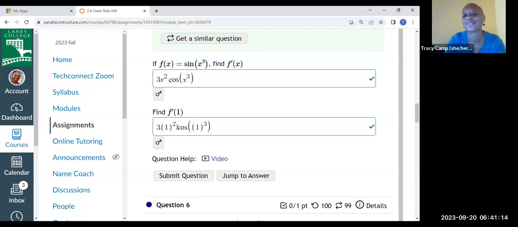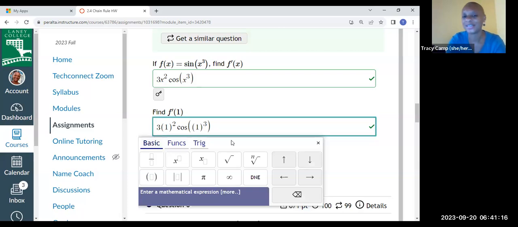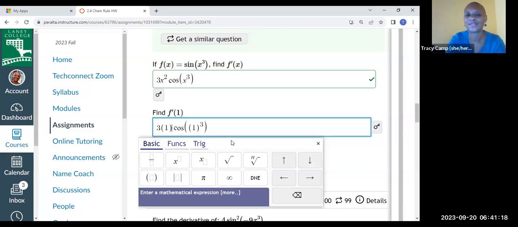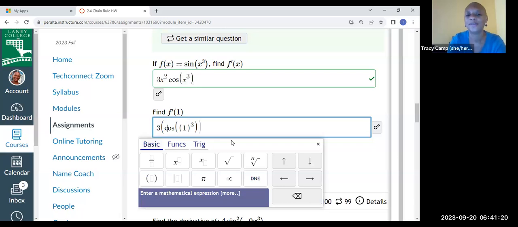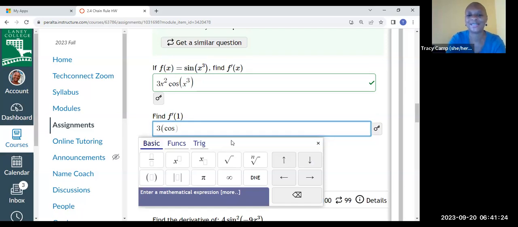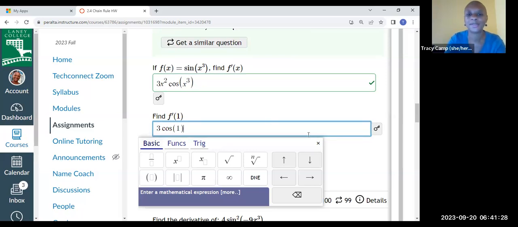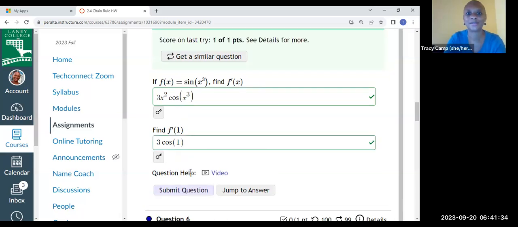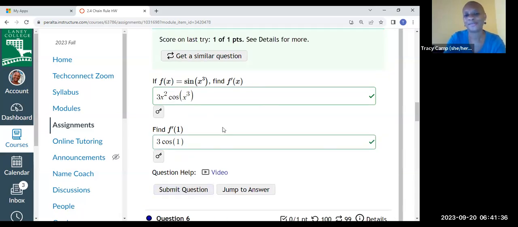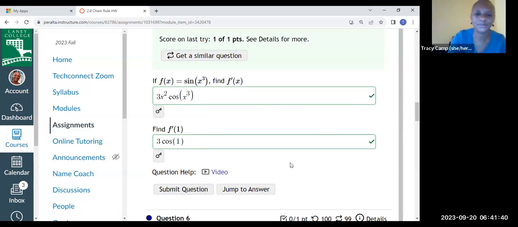I would probably enter the answer as just 3 cosine of 1, because 1 is an easy number. But if you have something like a 15, you might not want to deal with cubing the 15. So up to you.